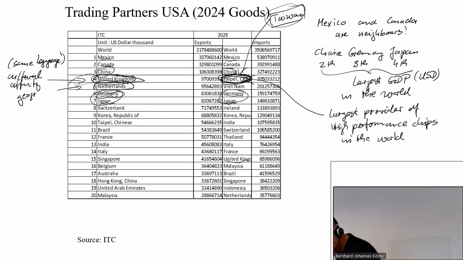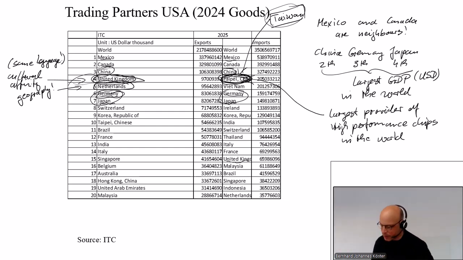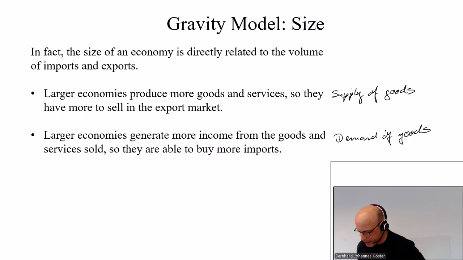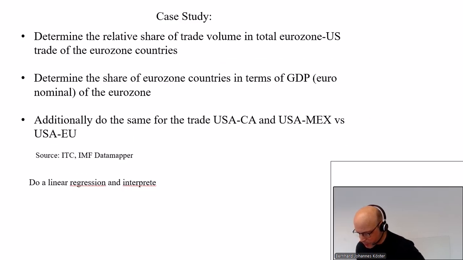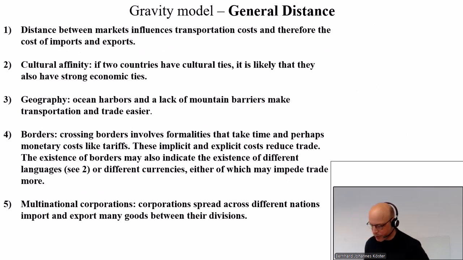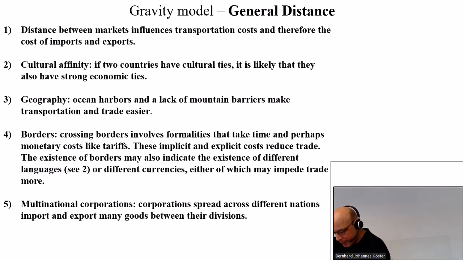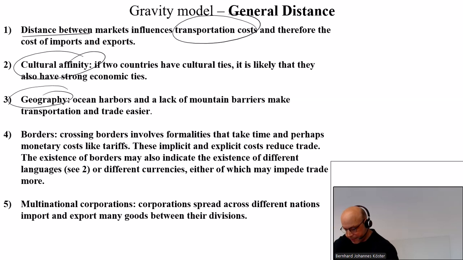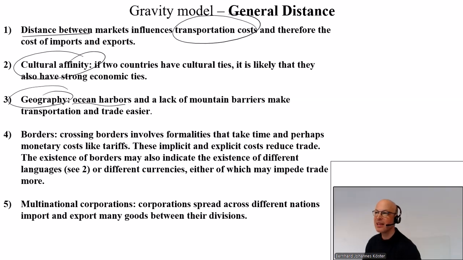So let's just have a look in general, because there are also two other arguments, but about these we want then to talk tomorrow. So what do we have? In general, distance, transportation costs, cultural affinity, and geography. One is, of course, the harbors, or if the distance is not that far away.